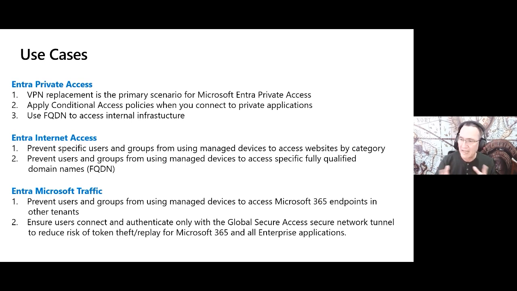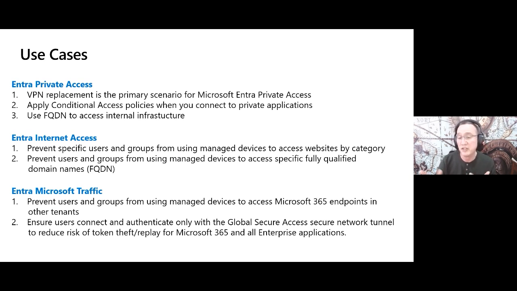You identify the categories of content you want to block, or you want to block a specific FQDN, we can do it as well, so there is no issue. And Microsoft Traffic, for me, is the best and easiest way to use it, because you know Exchange, Teams, OneDrive, and SharePoint.